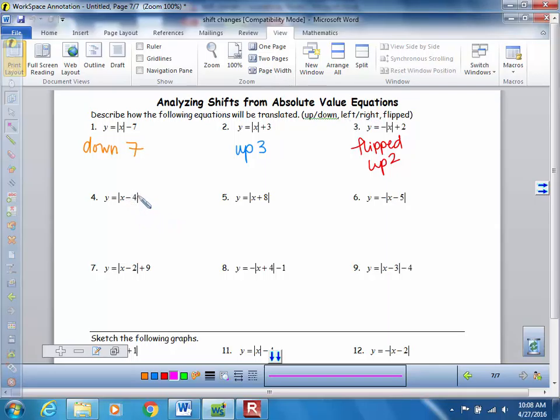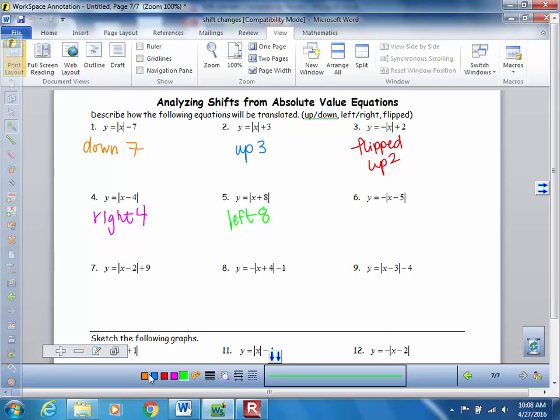So since right now it's minus in the parentheses or the absolute value, what does it actually mean? Say positive 4, so that means we would go right 4. Okay. Bryant, what about number 5? What happens there? Goes left 8, because remember it's opposite.